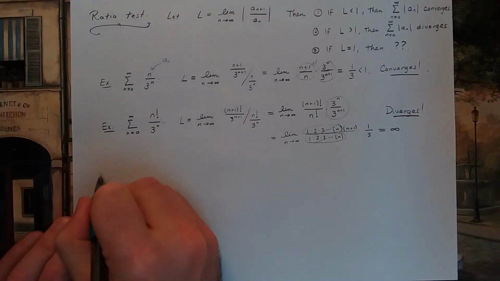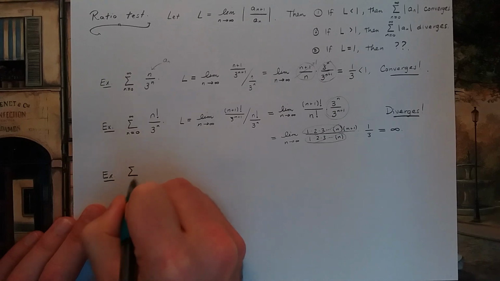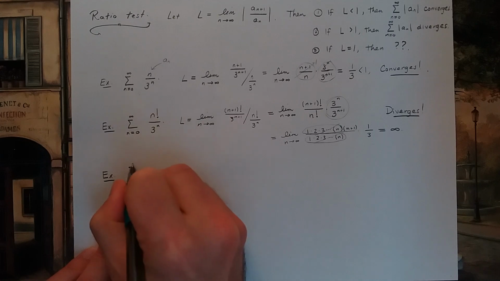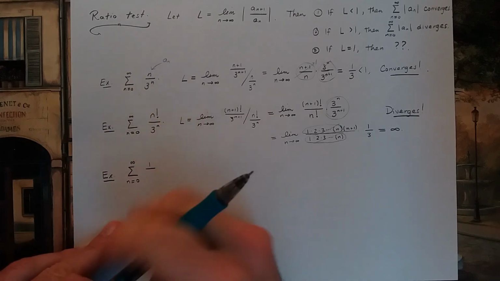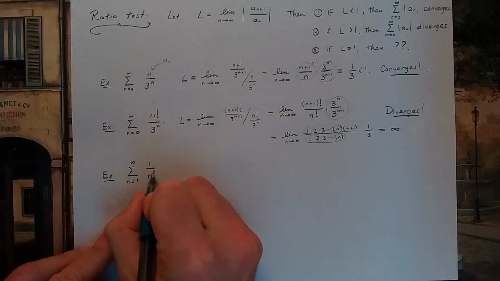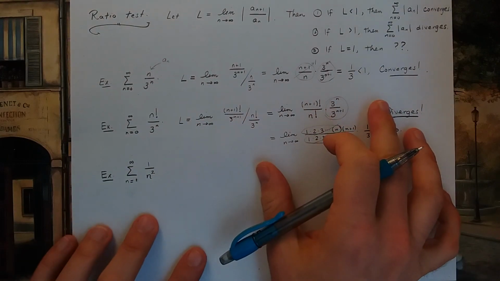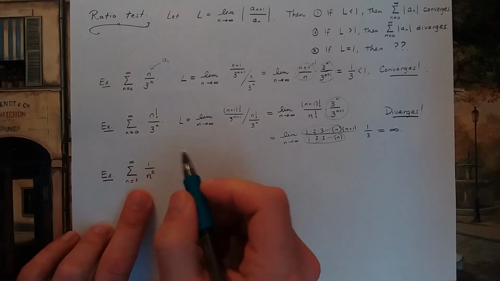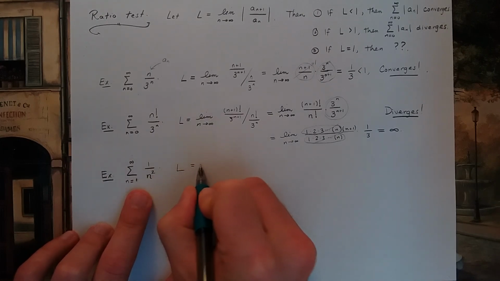Let's do another example. Let's do one we already know and see how the ratio test works. What if I did the sum of 1 over n squared? I know this is a convergent series. It's a p series with p equals 2, convergent. But what does the ratio test tell us?